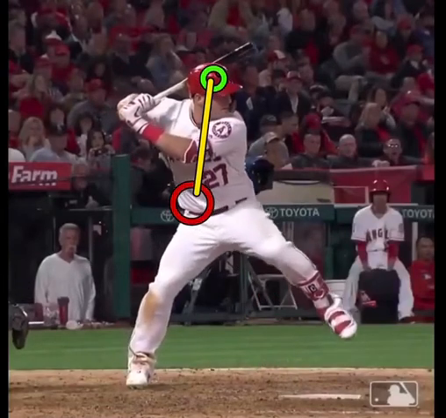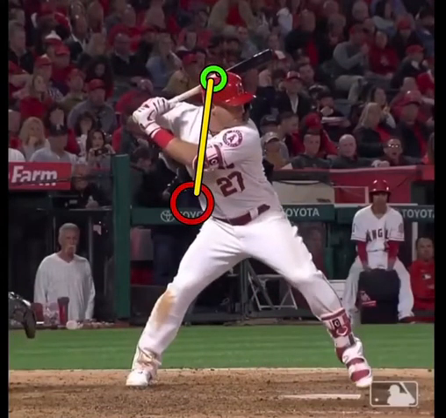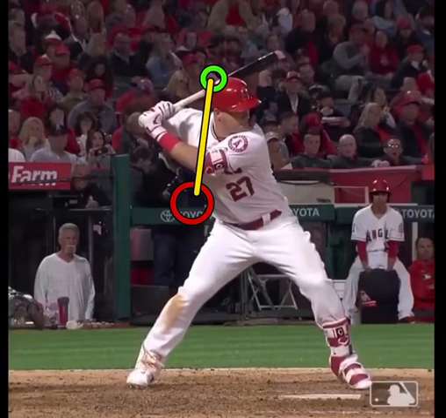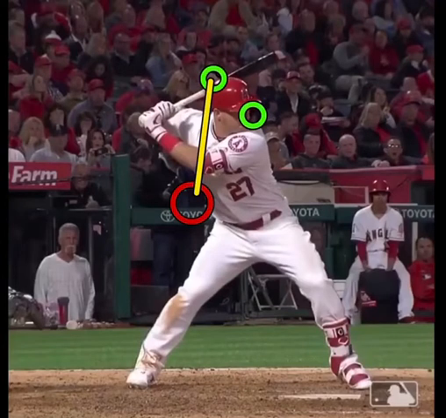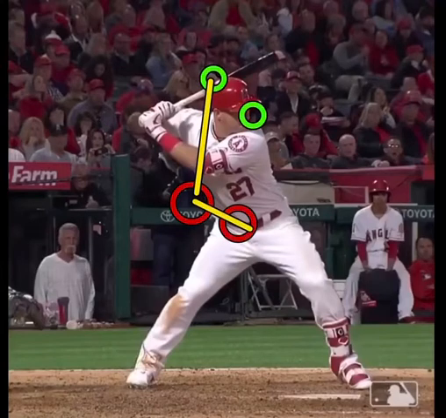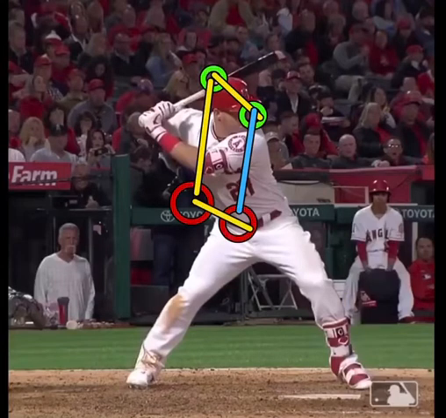So as you can see, everything's moved forward and down into heel strike, into launch position. There's his nose. There's his center of mass. It's moved down and forward. And then that nose is still forward there.